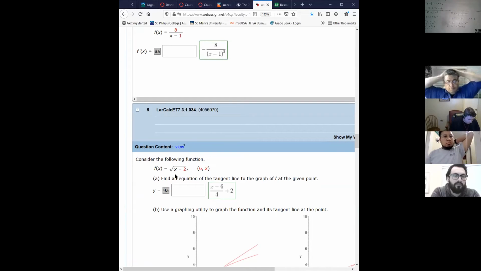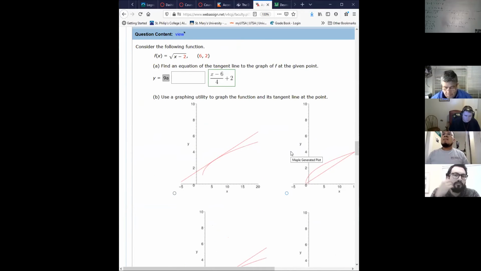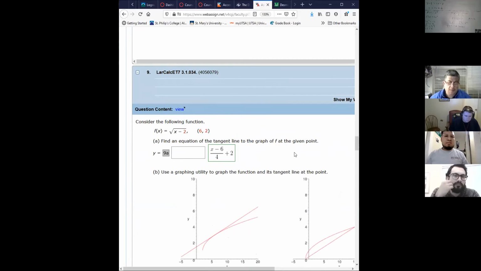So use the limit to find the derivative and then plug in the 6, and you'll find the slope. So you have to do it the long way, on this one, on number 8 and 9. I got 8, I just didn't get 9. I'll figure it out. If not, we'll do it Monday.